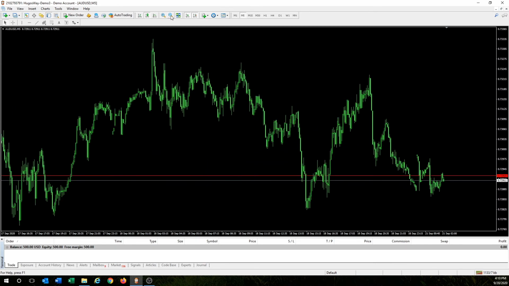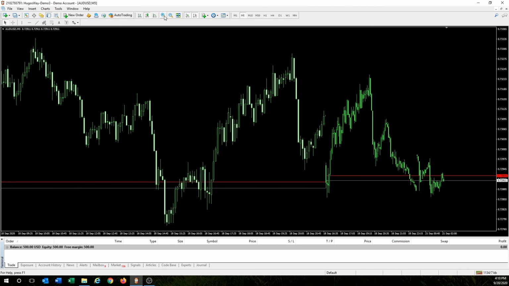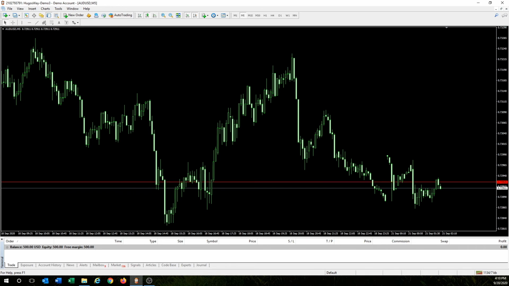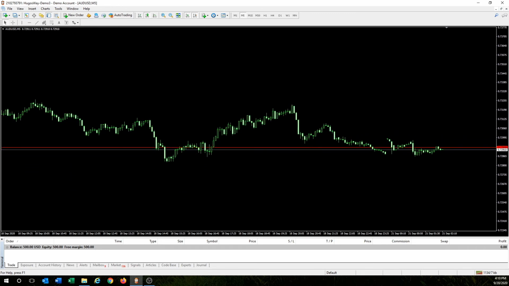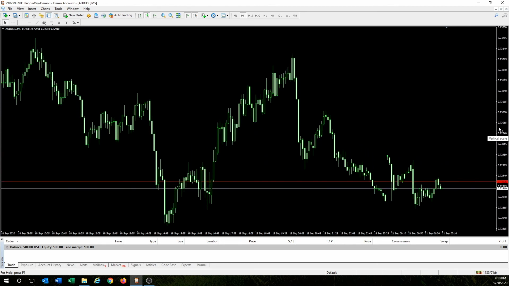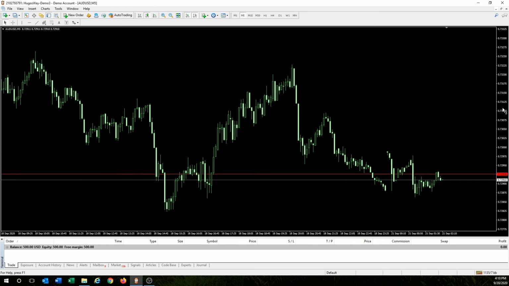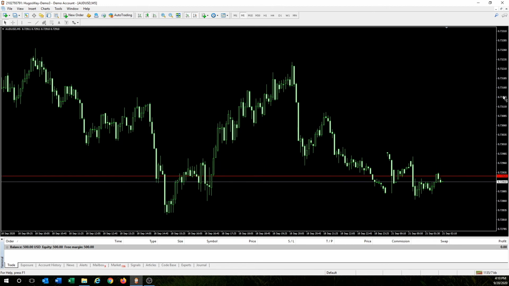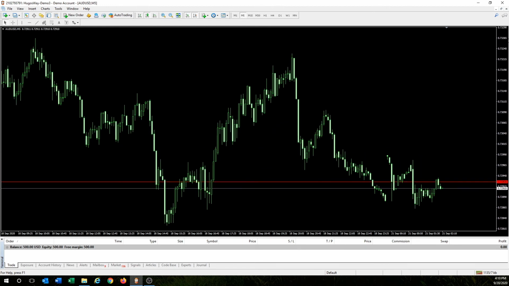Also, you can zoom in and zoom out. So just know that you can zoom in, zoom out, and if you want to stretch the chart vertically, this is how we do it. You just left click and hold your mouse, and then you can scroll this chart vertically. That's all I want you to do right now.